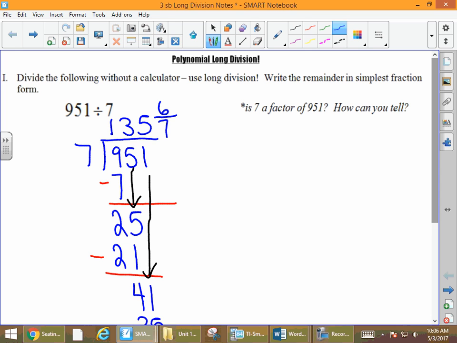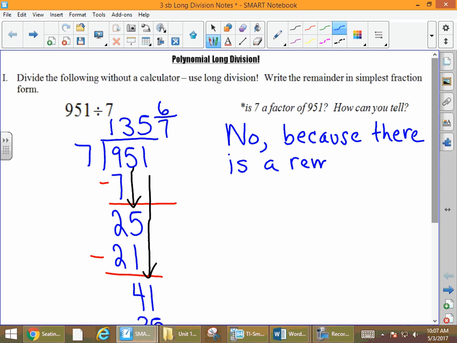So in this particular problem, is 7 a factor of 951? No. And it's not, because there is a remainder. There's something left in the end.